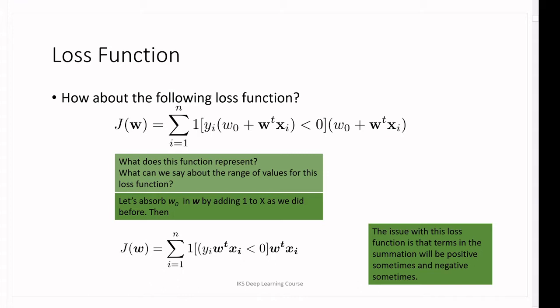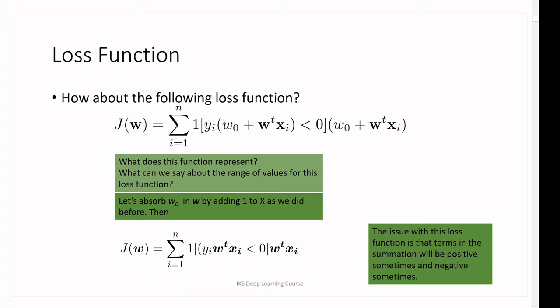The problem here is that W0 plus W transpose Xi could be positive, could be negative, even when the errors are being made. So the issue with this loss function is that terms in the summation on the right-hand side of the expression JW basically will be positive sometimes and negative sometimes.